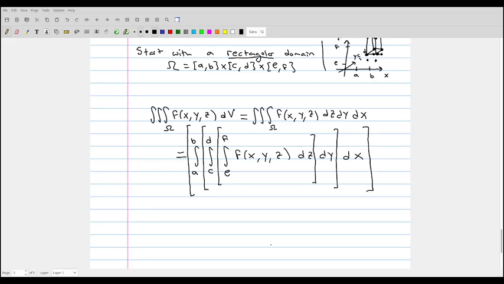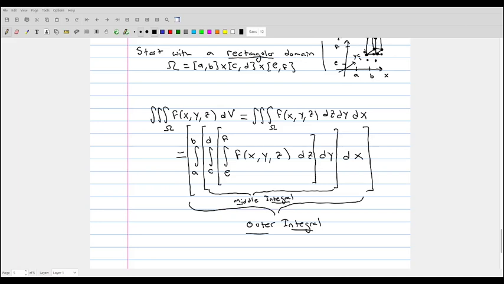You had an inner integral and an outer integral. For the triple integral, we have an outer iterated integral, we have a middle integral, and we have an inner integral.